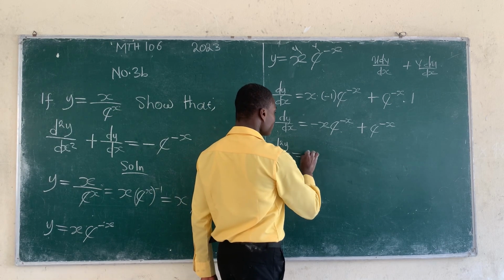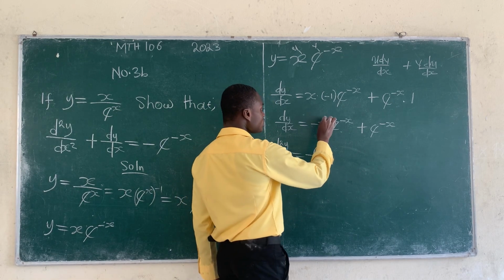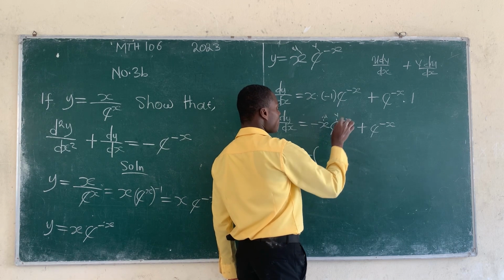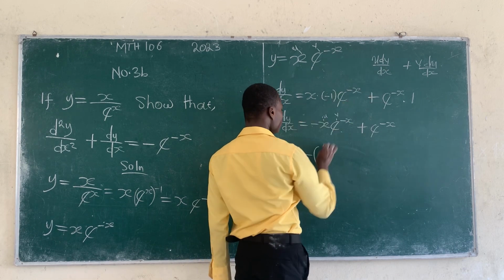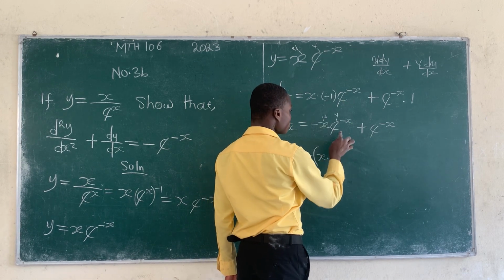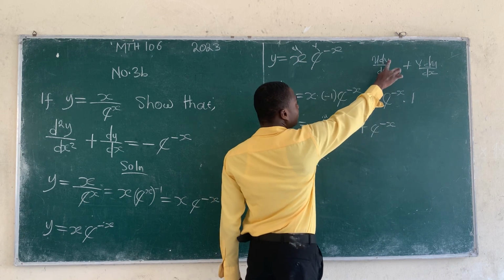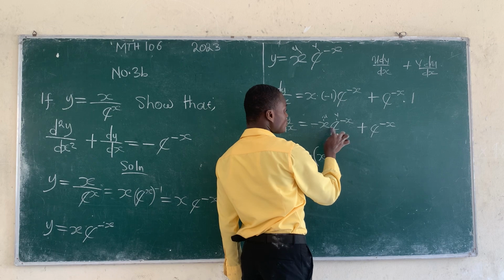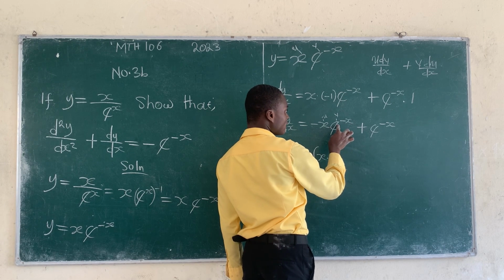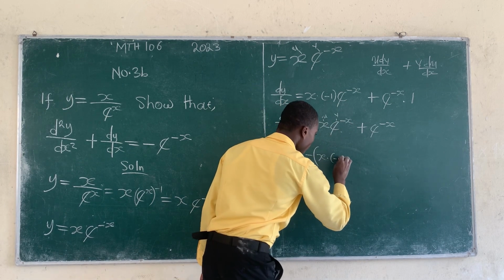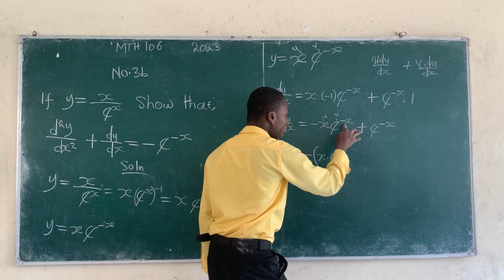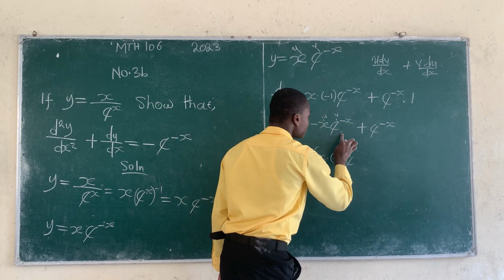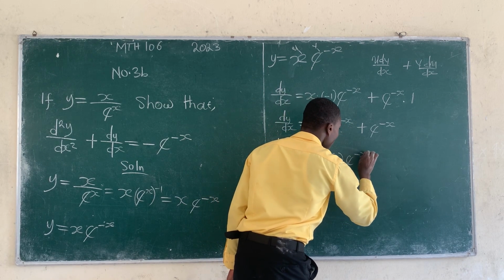So we have minus here. To differentiate it, this becomes our u, this becomes our v. The product rule says u, which is x, times dv dx. Dv dx simply means differentiate exponential minus x, and to differentiate that, the same thing as before: we have minus 1, differentiate the power, you have minus 1, then you rewrite the entire function, exponential minus x.